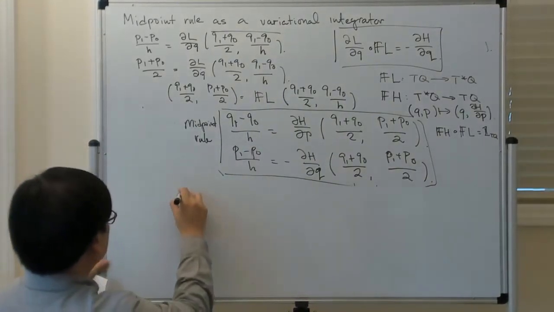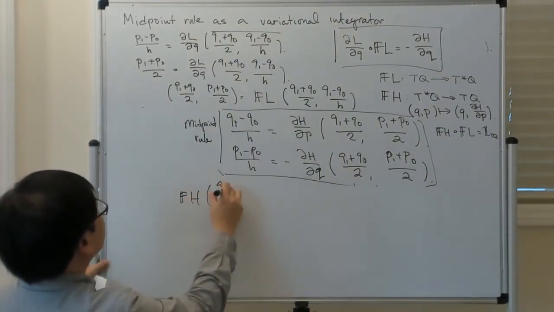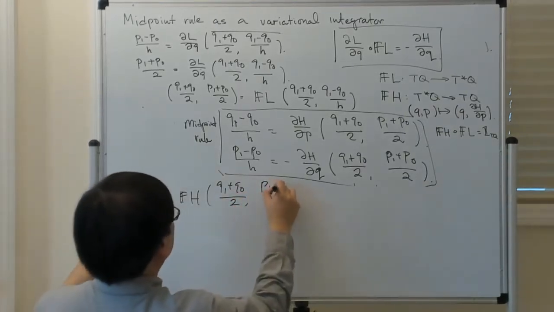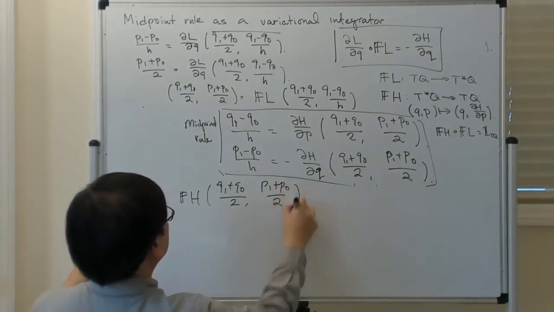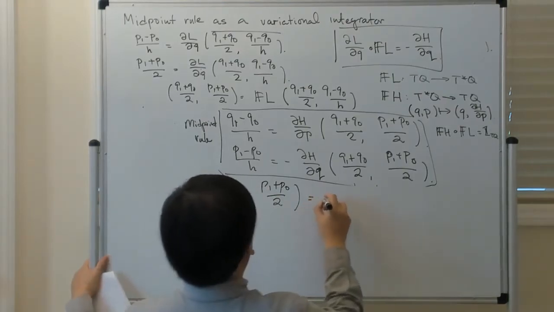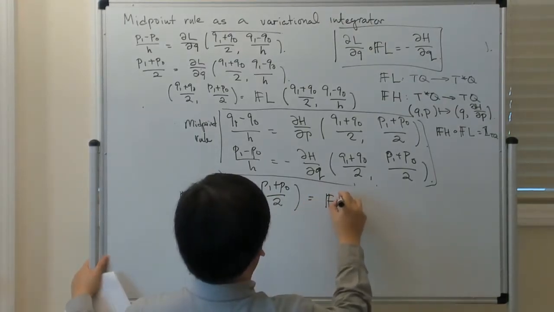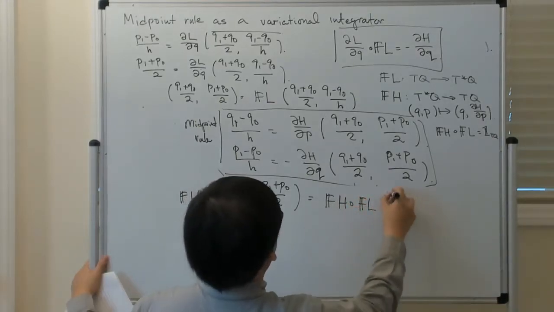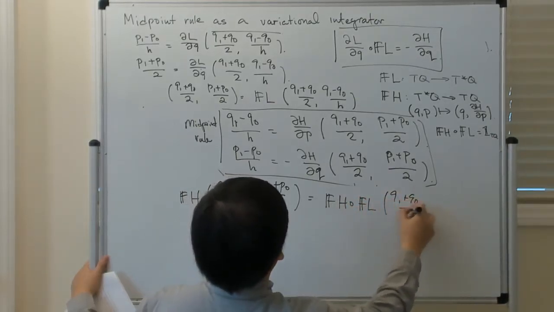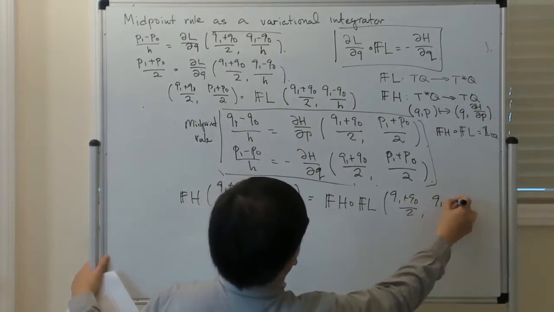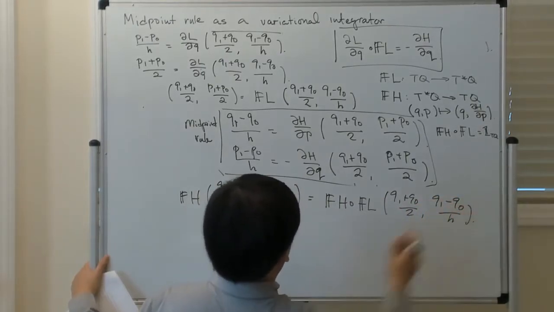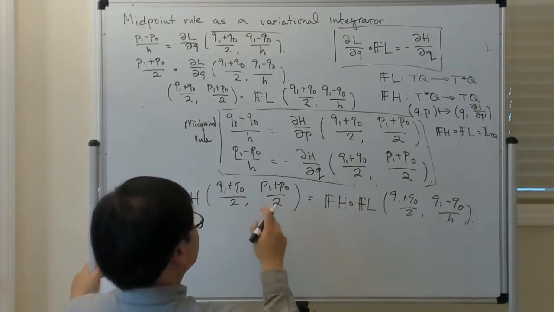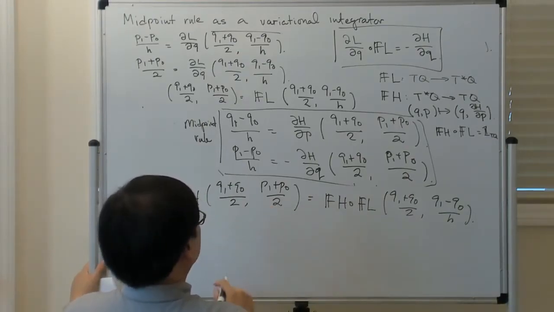Okay, so FH of ((q1 + q0)/2, (p1 + p0)/2) is equal to FH composed with FL of ((q1 + q0)/2, (q1 - q0)/h). Okay, but FH is dH/dp evaluated on this thing.